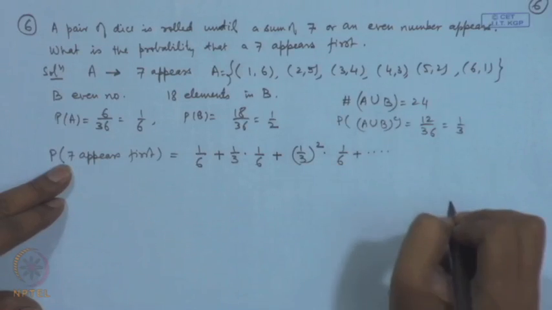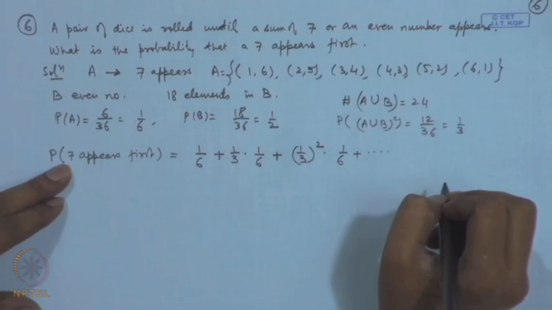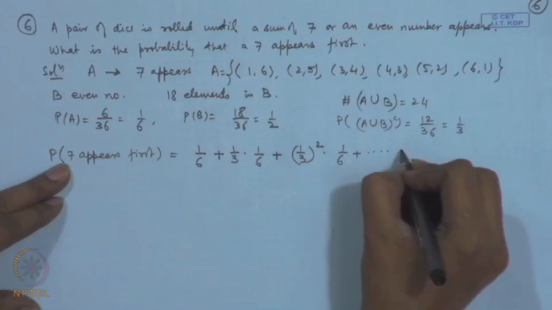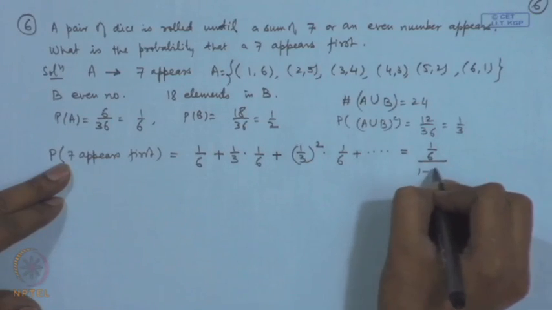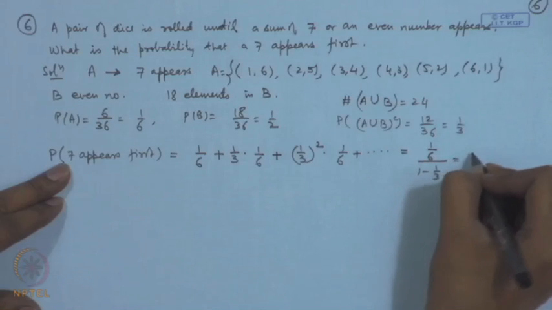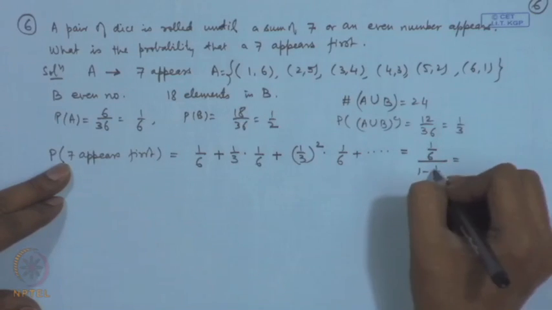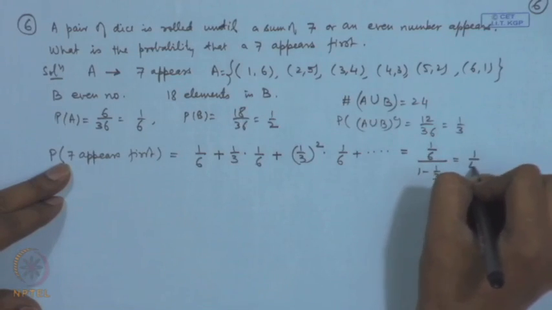So, you get an infinite geometric series. The sum of this is simply equal to 1 by 6 divided by 1 minus 1 by 3, that is 2 by 3. So, you get 1 by 4.